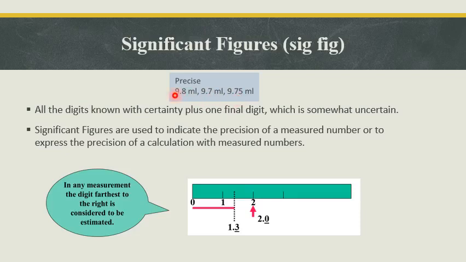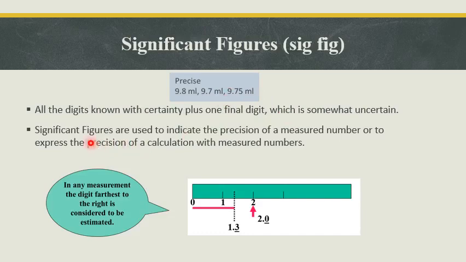So the first number is certain, the 9. But the second and the third digits, even though they are significant, are not certain. So you report all the digits known with certainty plus one final digit, which is somewhat uncertain. That is the way you report the values.